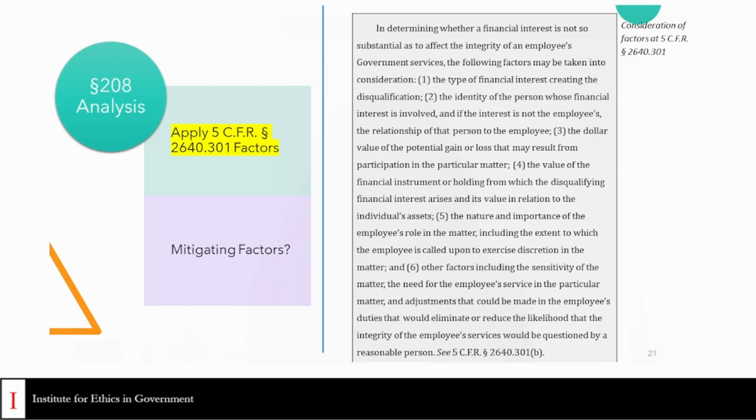To do this, you should consider the factors found in 5 CFR 2640.301. These include, among other things, the dollar value of the potential gain or loss that may result from participation in the particular matter, and the nature and importance of the employee's role in the matter, including the extent to which the employee is called upon to exercise discretion in the matter.